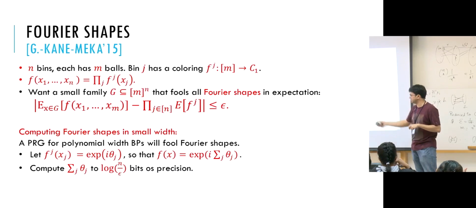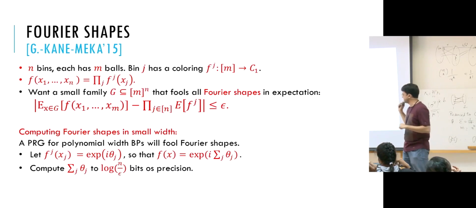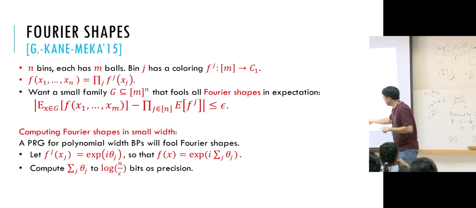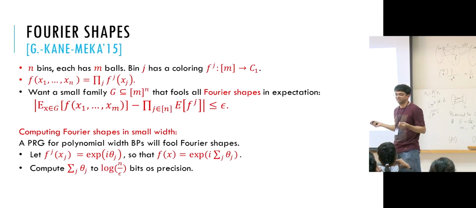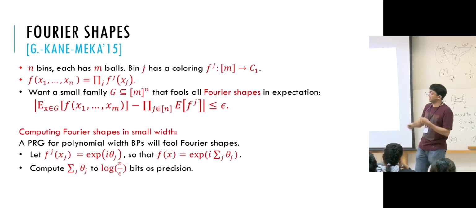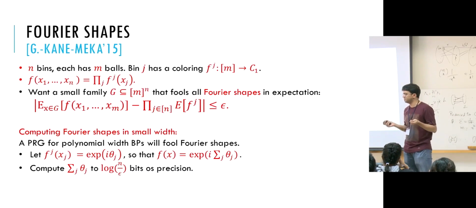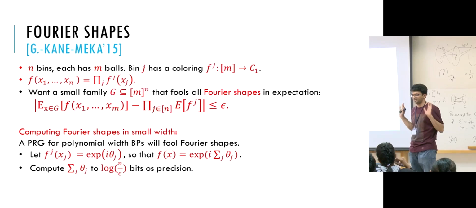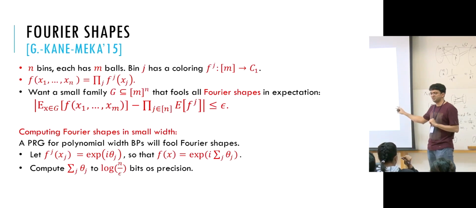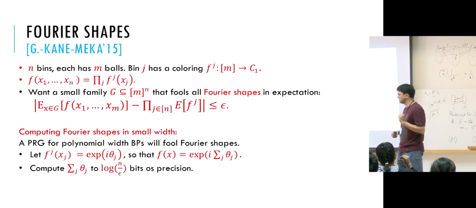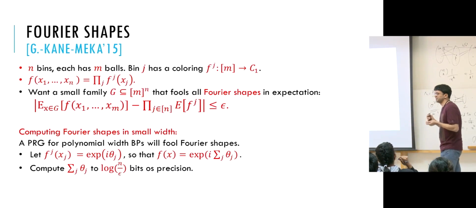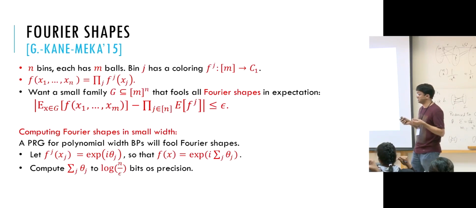So just think of it as e to the i times theta j. So the final function is just the sum of these theta j's, right? So basically you compute the logarithms. You just keep track of the summation of theta j to sufficiently many bits of precision. You're not getting it exactly right, but we only care about fooling expectations, so it's fine, right? So in order to fool all of RL, you need to handle these things first. Okay, so why did we pick on some weird class in RL that nobody ever studied before?